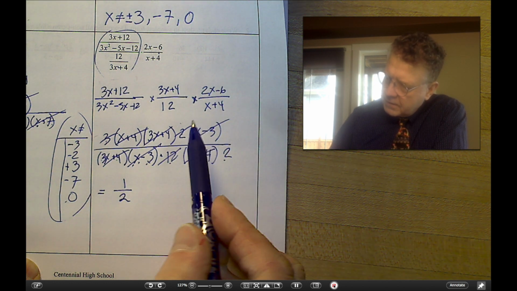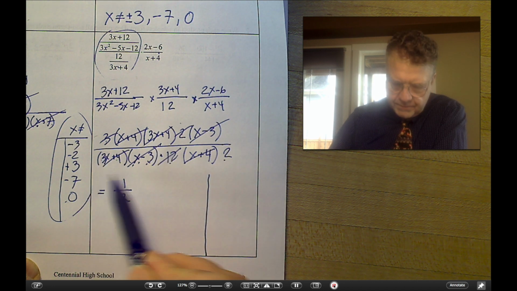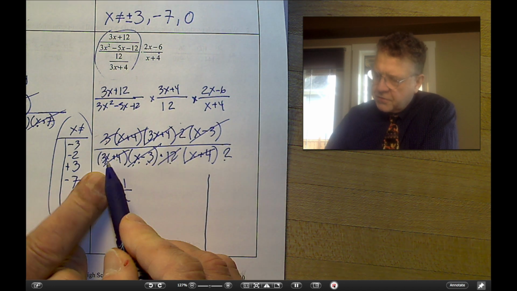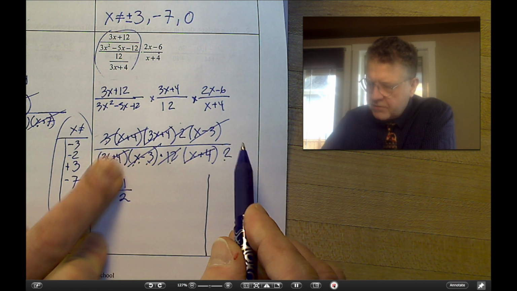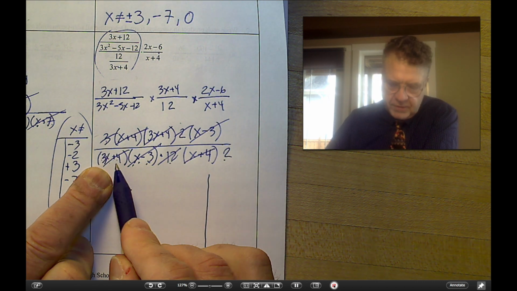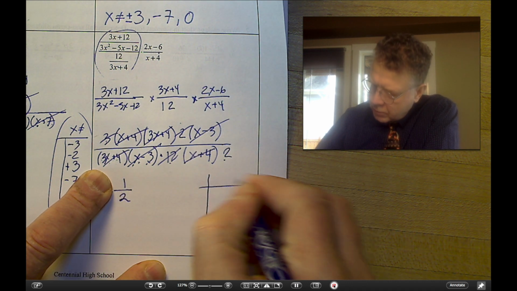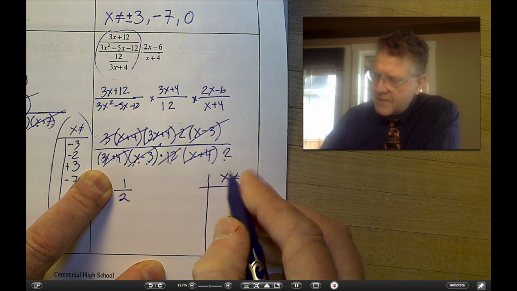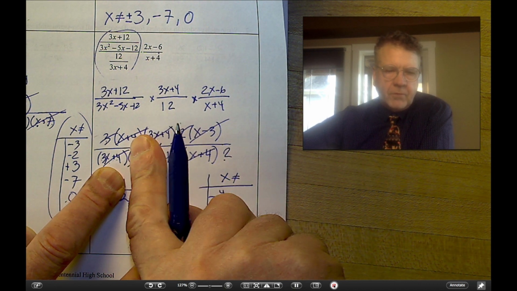Well, let's just look at all the x values here. 3x + 4. If this was 0, then everything else would be 0. So 3x + 4 may not equal 0. In other words, x must not be equal to negative 4/3 because of this 3x + 4 term.